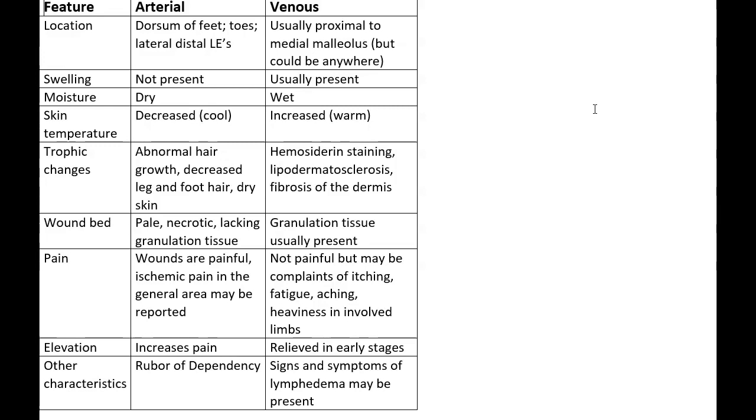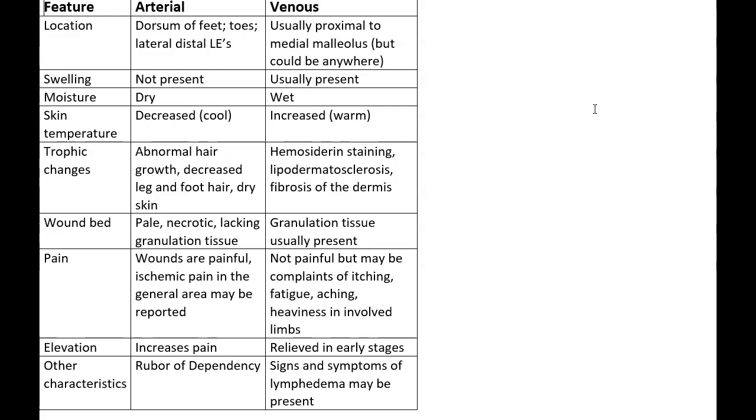When the limb is elevated, you can see what happens, and that's another way you can differentiate between the two. If you elevate a limb, in the case of arterial insufficiency, there may be an increase in pain. Why? Because of gravity. You're elevating the limb, you're increasing the ischemia to the area, and therefore you can increase the pain as well.